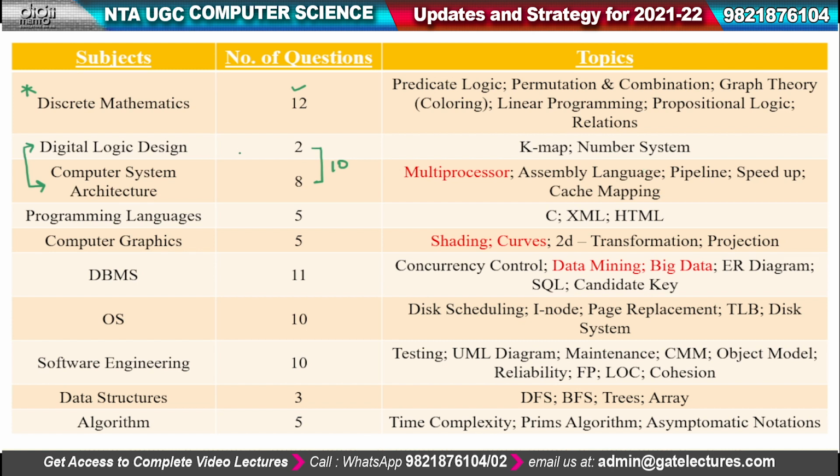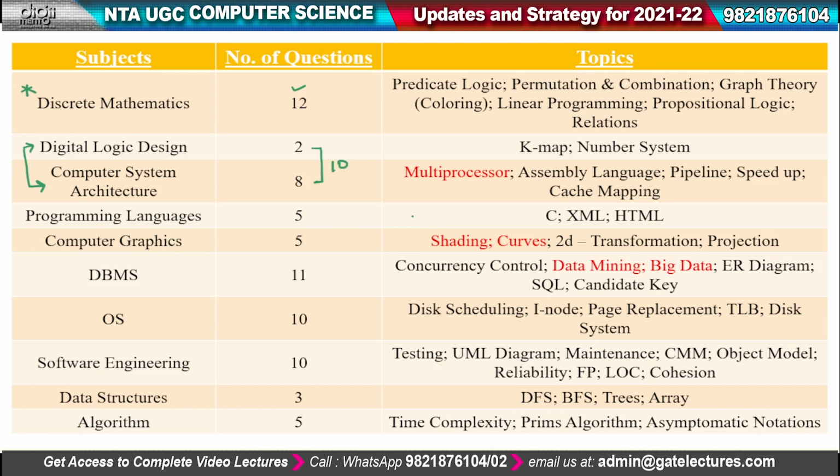From digital logic, counters and flip-flops are there, but they have not touched those concepts, they have only given very easy concepts, okay? And these topics, K-map, number system, and predicate logic, are topics that everybody has studied. They have not given anything new that nobody has studied, right?